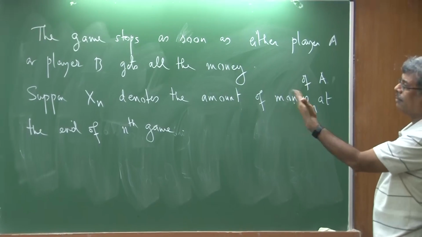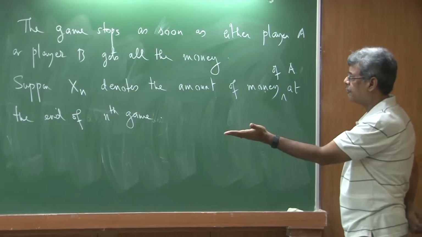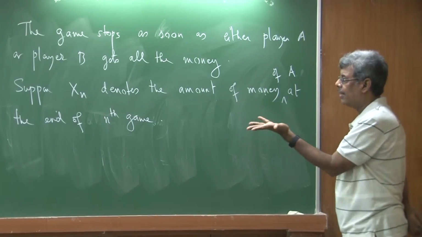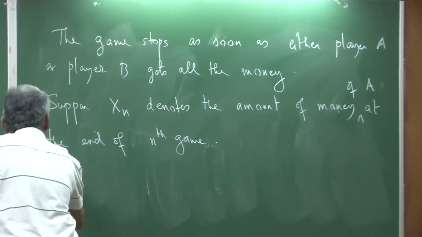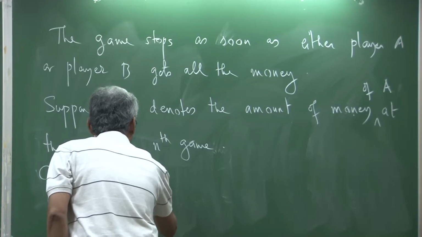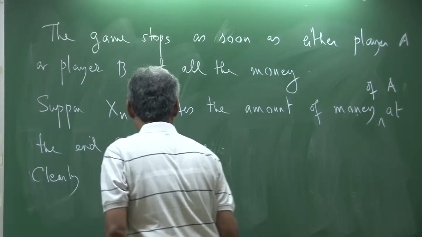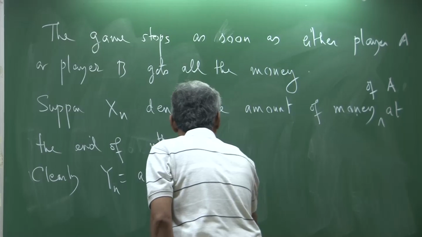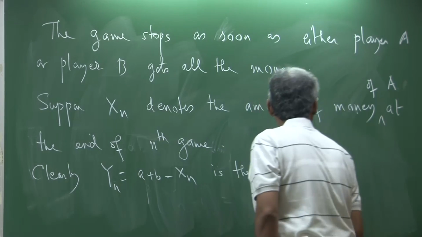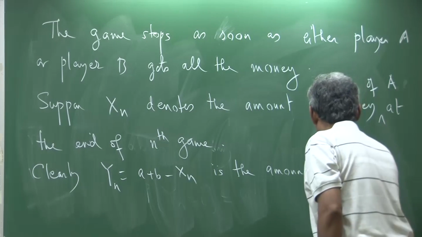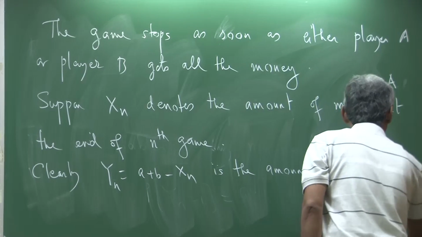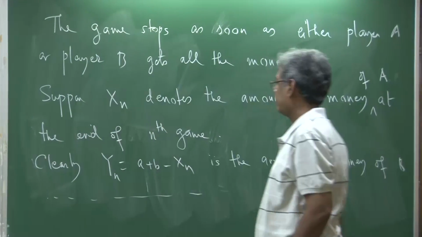If you look at it from player B's point of view, it is simply a plus b minus Xn. So clearly Yn, which is a plus b minus Xn, is the amount of money of B at the end of the game.